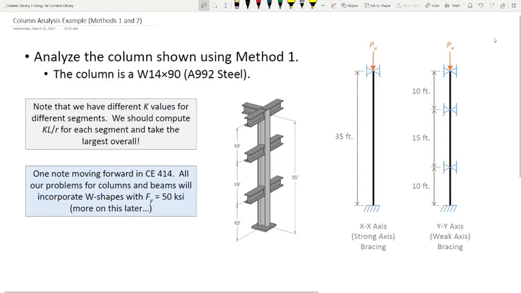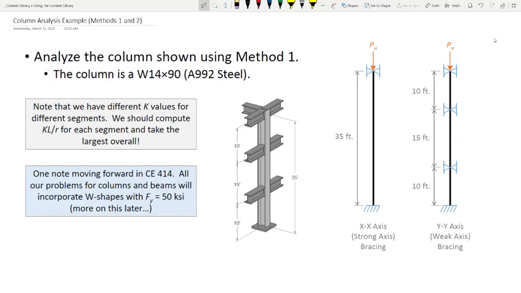So just so everybody's aware, the x-axis, we are completely unbraced for the whole 35 feet. For the y-axis, we've got some intermediate bracing. I'll give everybody some time to sort of copy this down, but I do want to make a couple of notes. One of the biggest notes I want to make is about Fy.